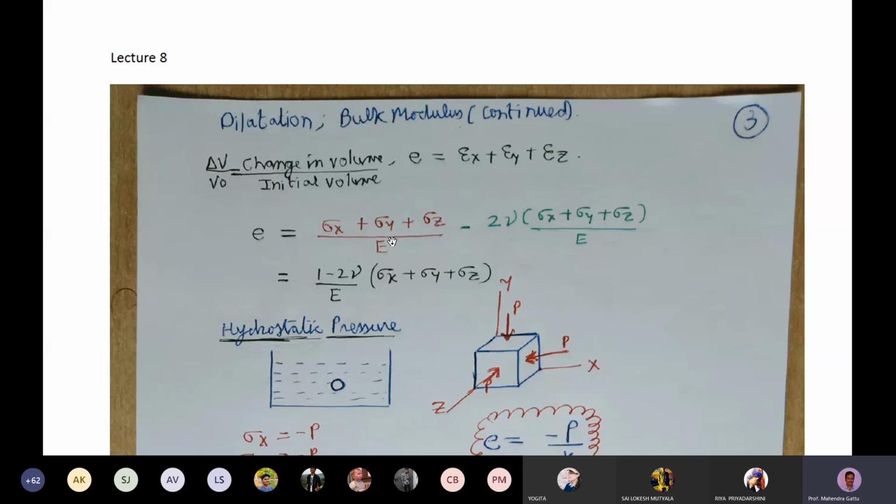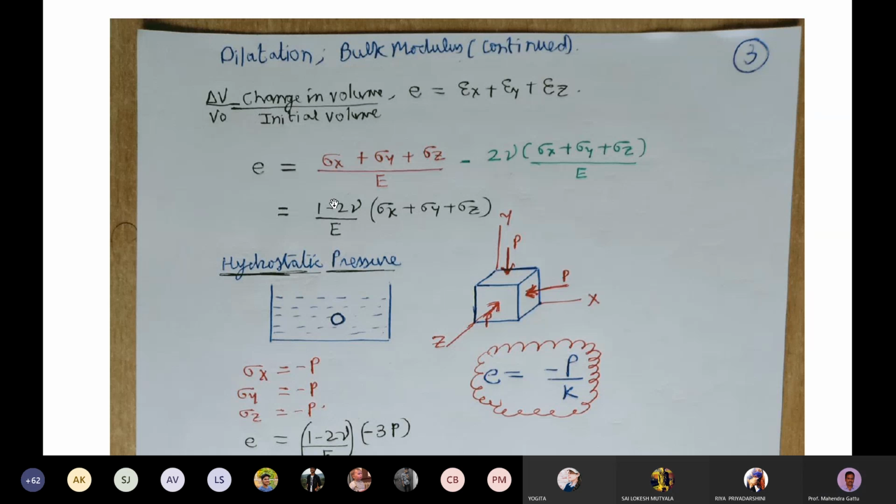So we can take sigma x plus sigma y plus sigma z common, take it out, and then we'll get 1 minus 2 nu by E. So this is the expression for dilatation for this multi-axial loading scenario. The dilatation is equal to 1 minus 2 nu by E, times the sum of the normal stress components.